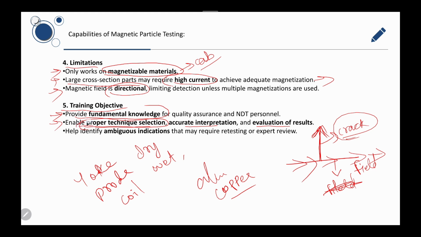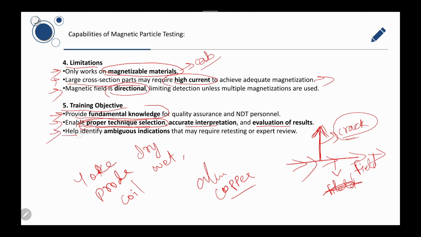So with proper technique selection, trained personnel can select the right technique for the job to maximize defect detection probability. They can also interpret particle patterns correctly, knowing the difference between a true defect indication and a non-relevant indication, for example, one caused by a geometry or surface condition.